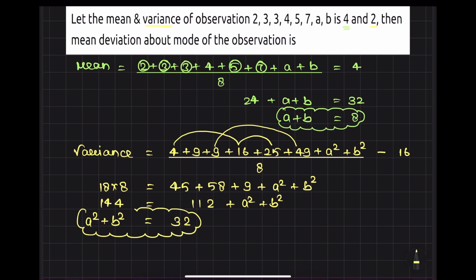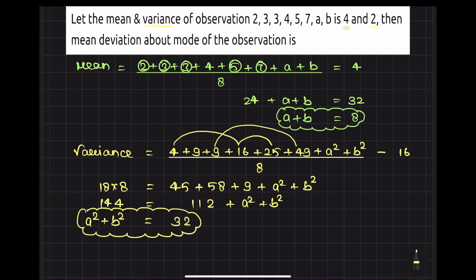Okay, so we know that the sum of two elements is 8. We know that the sum of squares of two elements is 32. Now look at this, how will we do it? Under these kinds of situations you should go with hit and trial. Okay, so if you consider a as 1, it won't help.